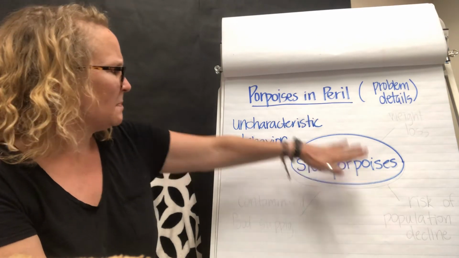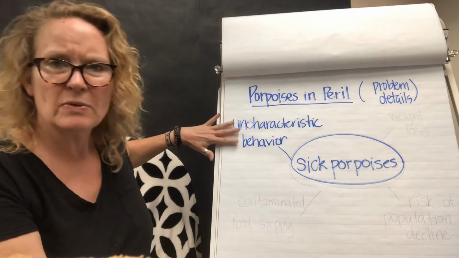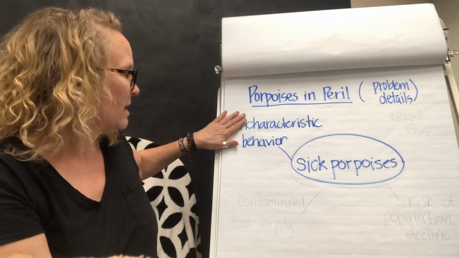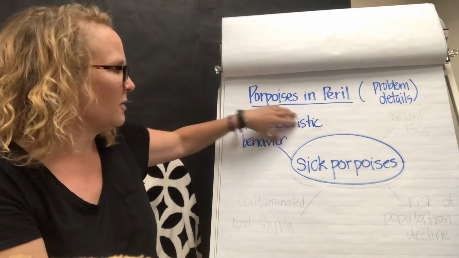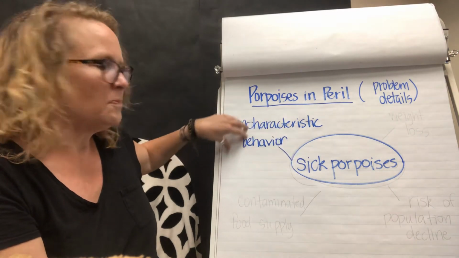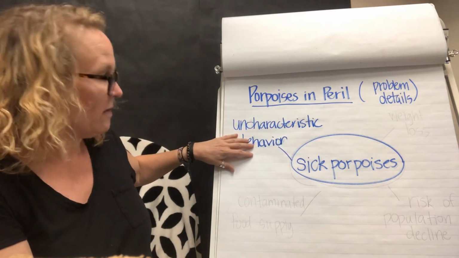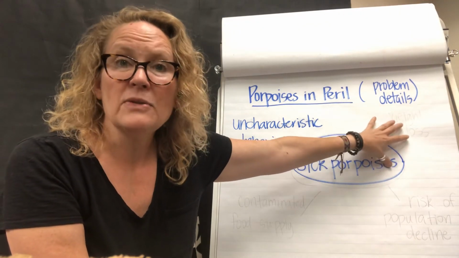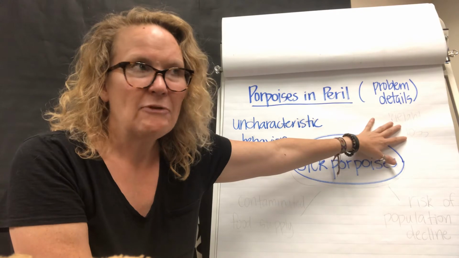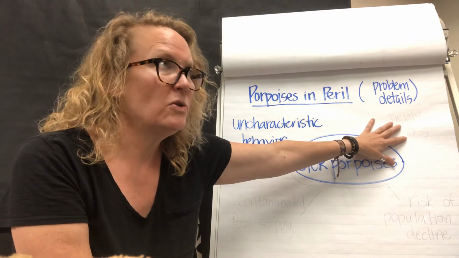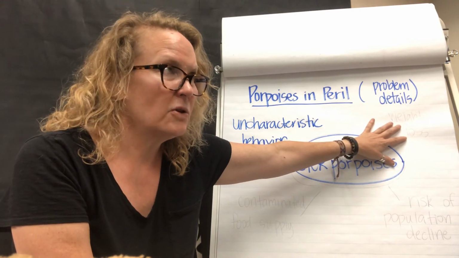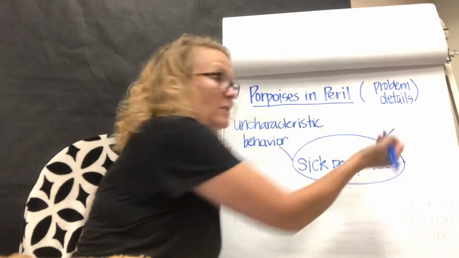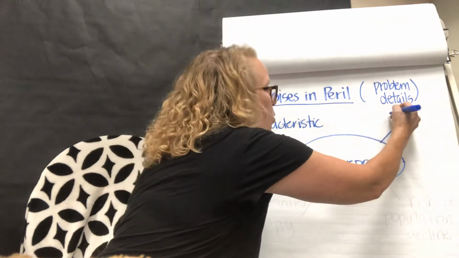Because they are exhibiting uncharacteristic behavior, and we know that if there's uncharacteristic behavior, it's linked to a problem. One of the problems is weight loss, that the porpoises have been losing weight. If the porpoises have been losing weight, I wonder what the scientists could be postulating the problem might be. So over here, this is another detail about the problem, right? Weight loss.